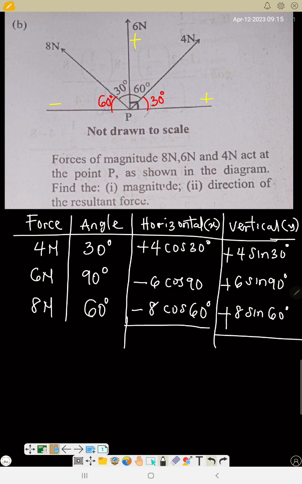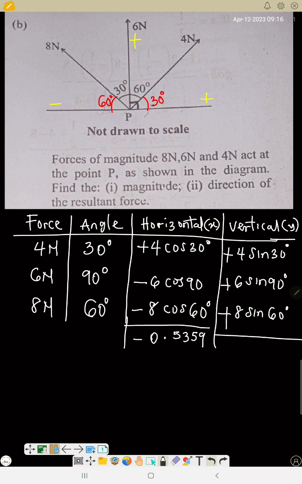So that will be 4 cos 30 minus 6 cos 90 minus 8 cos 60. So that is minus 0.5, minus 0.5359.